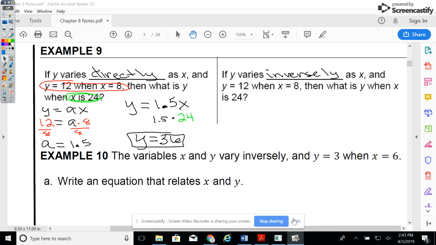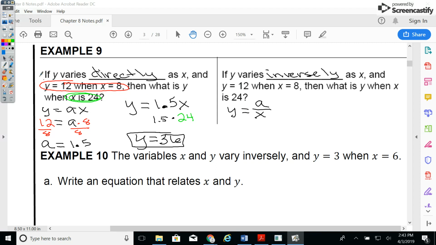For an inverse variation equation, we set it up opposite. So here, instead of y equals a times x, we're going to set it up as y equals a divided by x. But we're still going to use these two numbers to plug in for the x and the y.